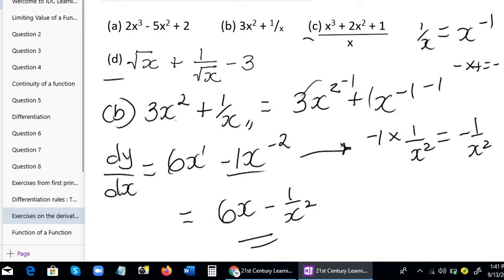Okay. Should I let you try C and D? Or probably let me take one of them. Which should I take? Okay, let me solve C. Then you can attempt this.